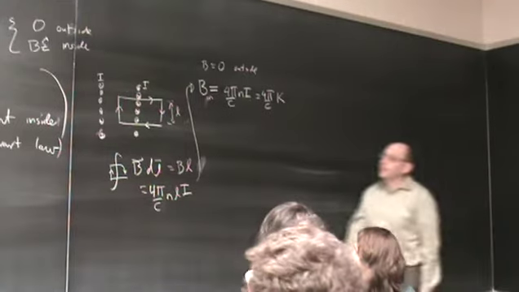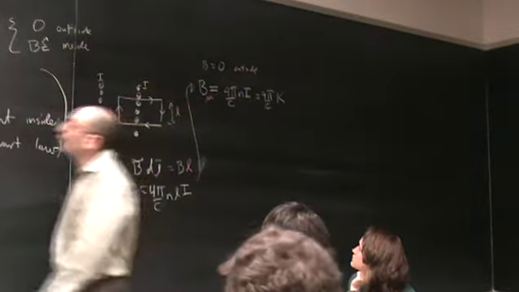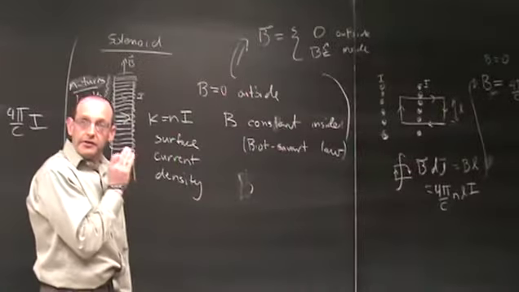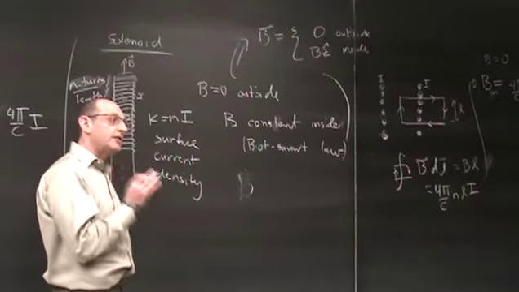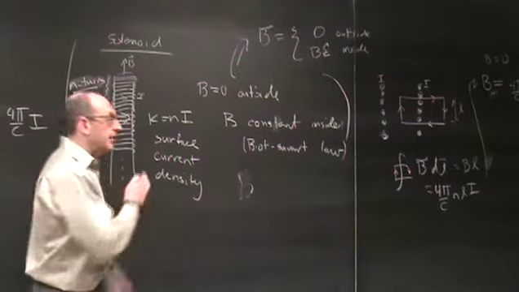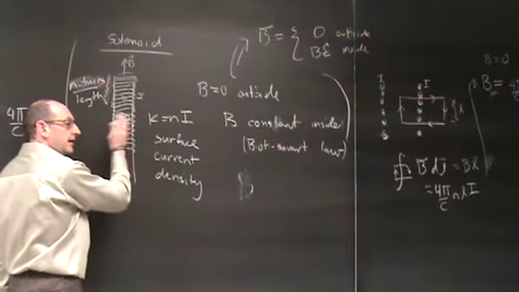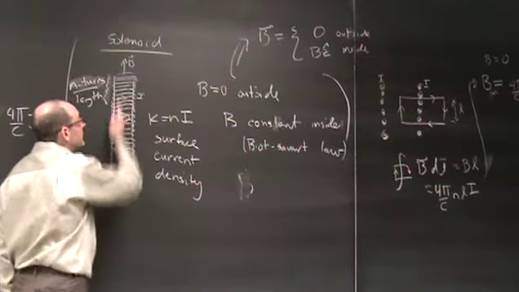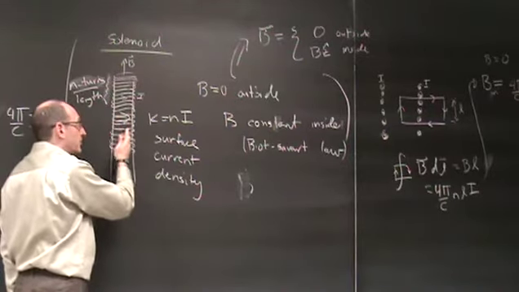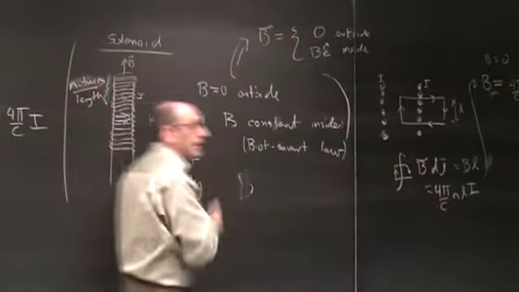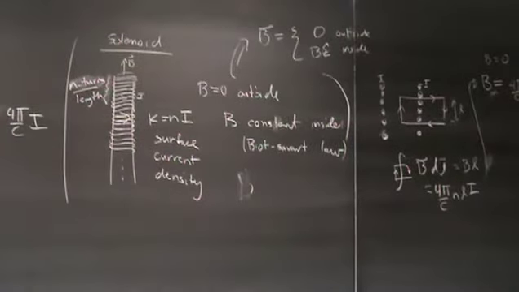That is consistent with the boundary conditions that you're familiar with and that you're reviewing in your homework: if you have surface current density, there is a discontinuity in the tangential component of the magnetic field across that surface. Since we have surface current density here, the magnetic field that is tangential to the surface, in this case in the z direction, jumps from 4 pi over c times K to nothing, which is consistent with the boundary condition.